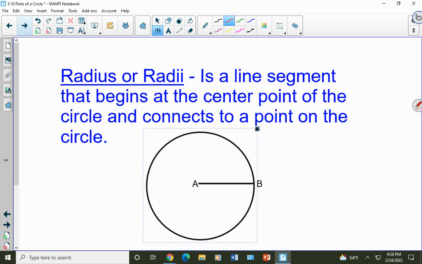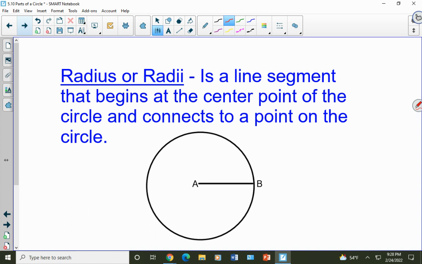You don't have to have the dots though, and lots of times you won't see the dots on lots of our problems. But it's understood that that's a line segment, because it's not a line, it doesn't go on forever in both directions. That's a line. A line segment has two endpoints, A and B.